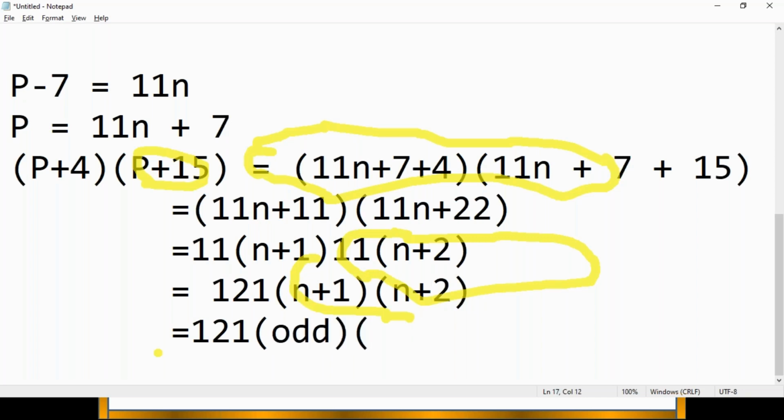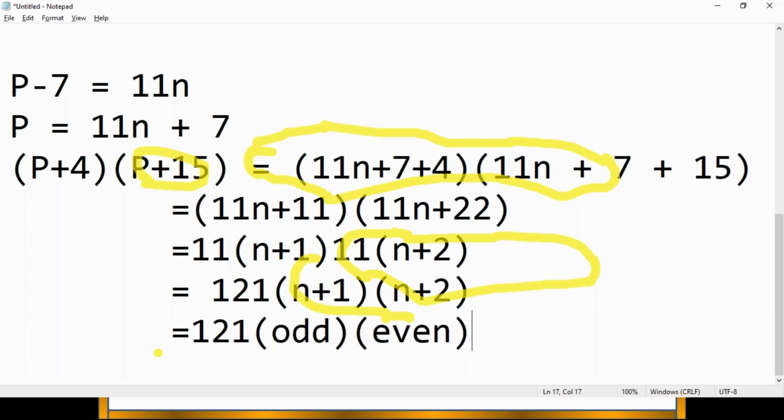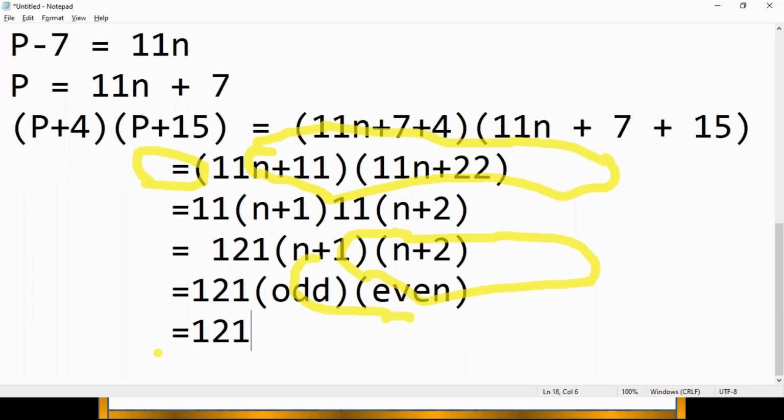So we know clearly that odd into even should be even. Take a smaller example: 2 is even, 3 is odd, 2 into 3 is 6. Odd into even is even.